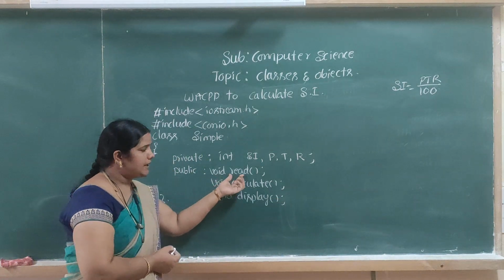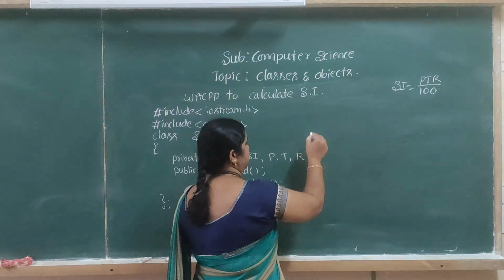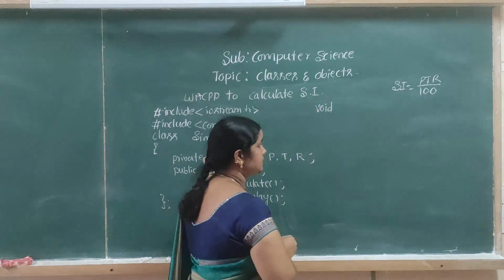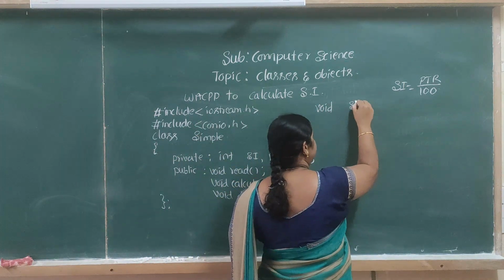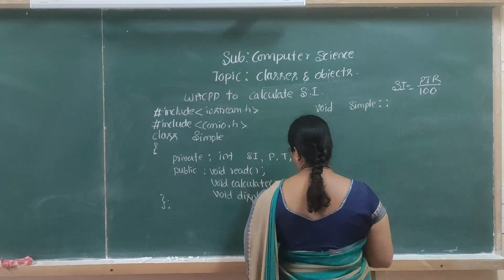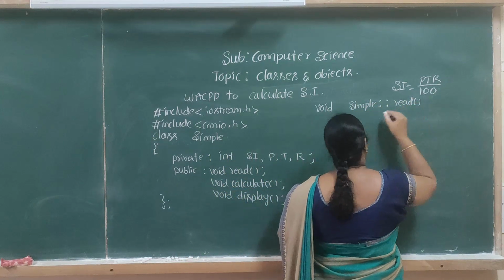The first member function is read. It has the data type void, then the class name simple, then the scope resolution operator, and the function name read.